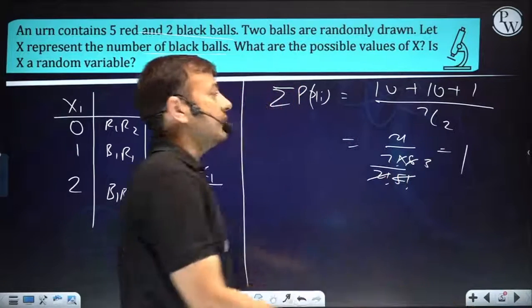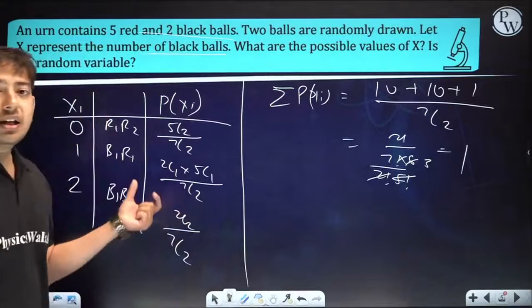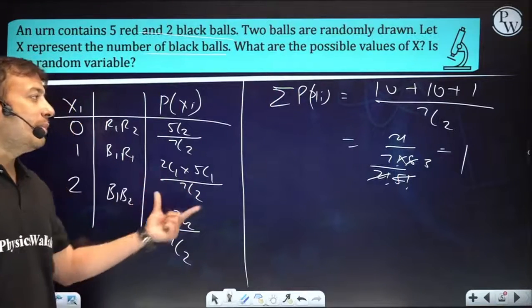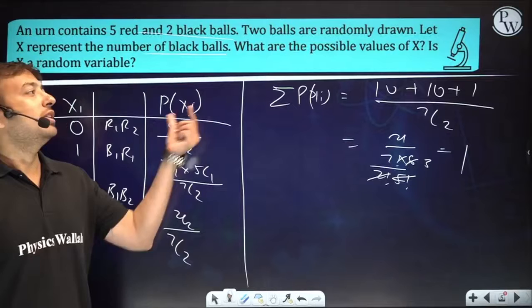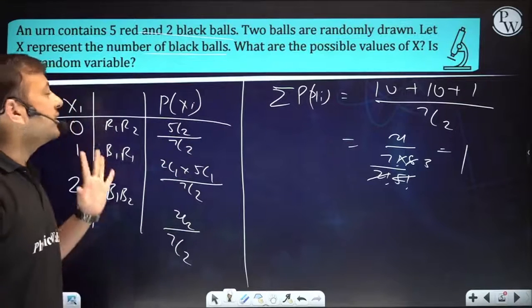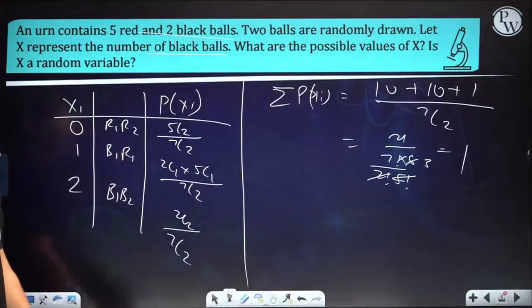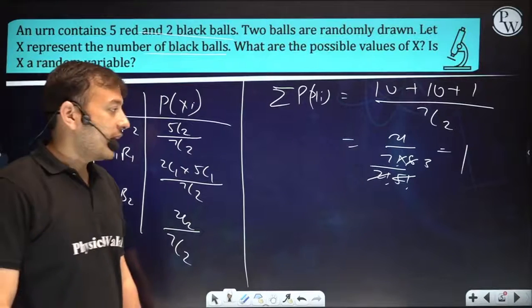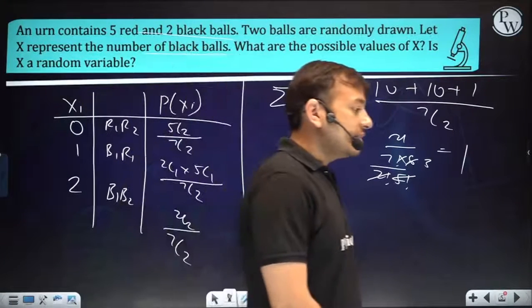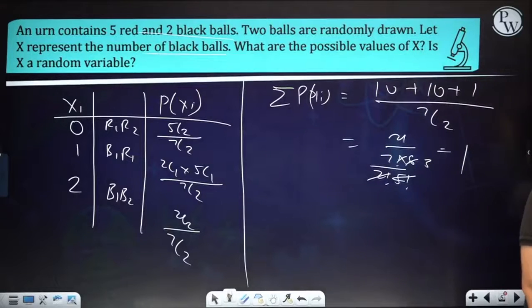Yes, sir, 1. Since the sigma of all the probabilities is coming as 1, it is a random variable and probability distribution. In this way, I hope you are understanding. It's a simple and easy part.